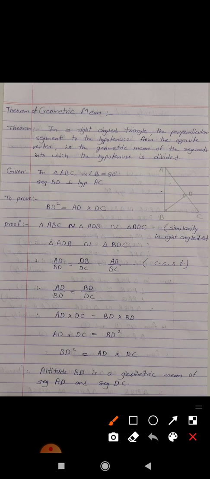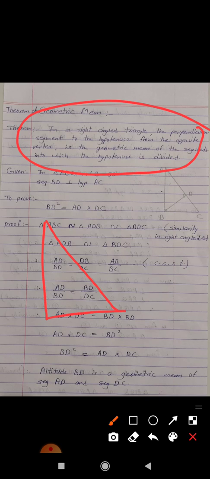So let us convert this statement into a diagram. Here we require one right angle triangle. Suppose PQR is a right angle triangle. In this diagram you can see ABC, the name is given.